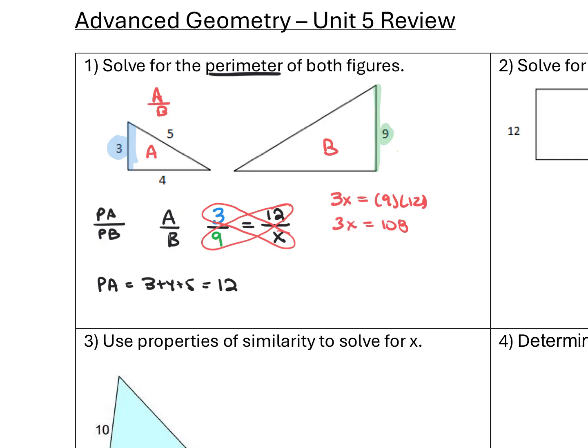From here, I got to get x by itself, so I'm going to divide 3 out. So I end up with x is equal to 36. So the perimeter of A is equal to 12, and the perimeter of B is equal to 36.